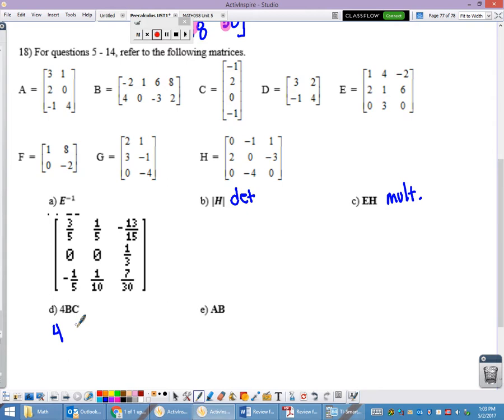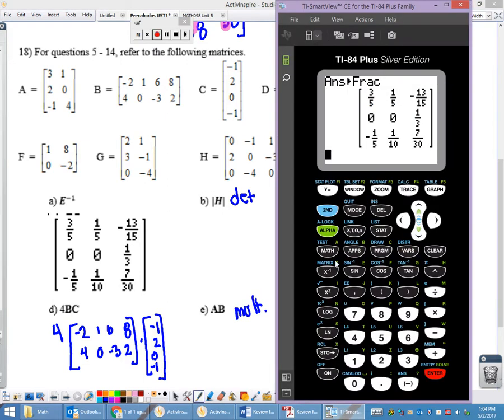This is 4 times the matrix B, and then times the matrix C. Okay, and then A times B is, again, you're just multiplying. So all of those you're literally just going to plug into your calculator and then be able to have your answer.